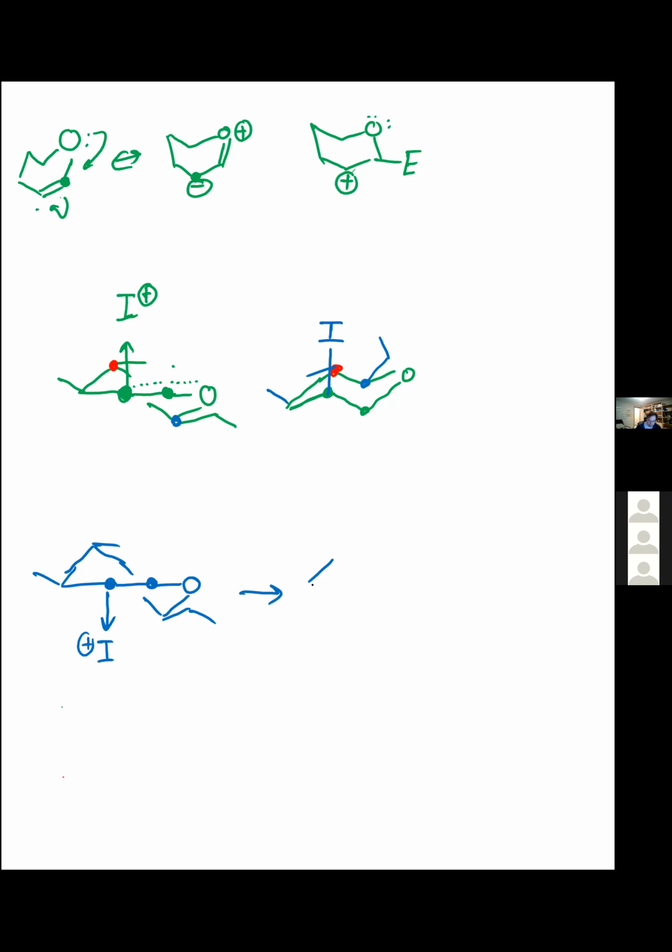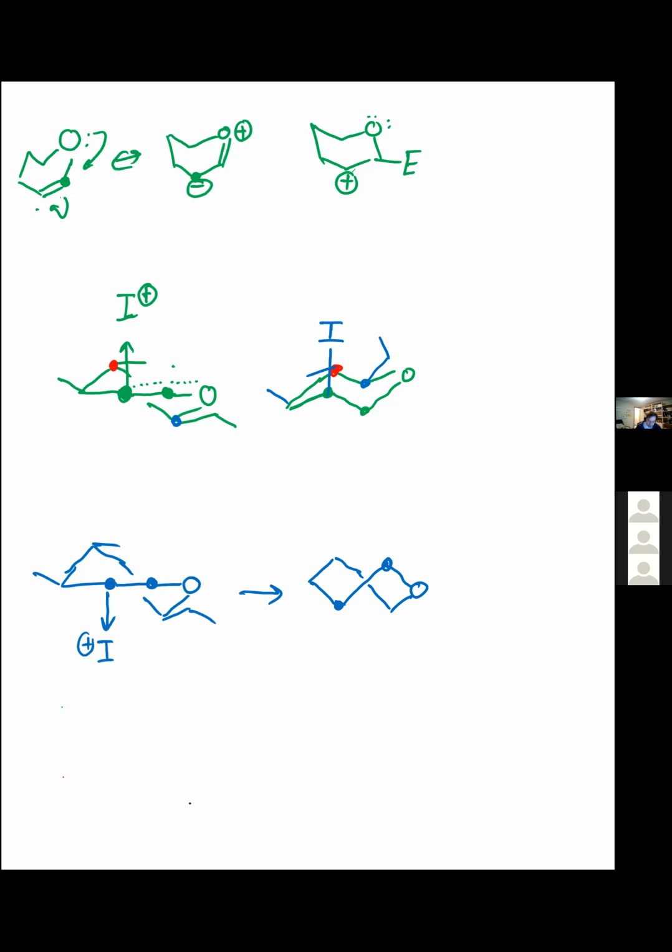If we do that, that pushes the other carbon up. The oxygen really doesn't move. Nothing else moves. And now we don't have a chair. So we essentially have a boat.